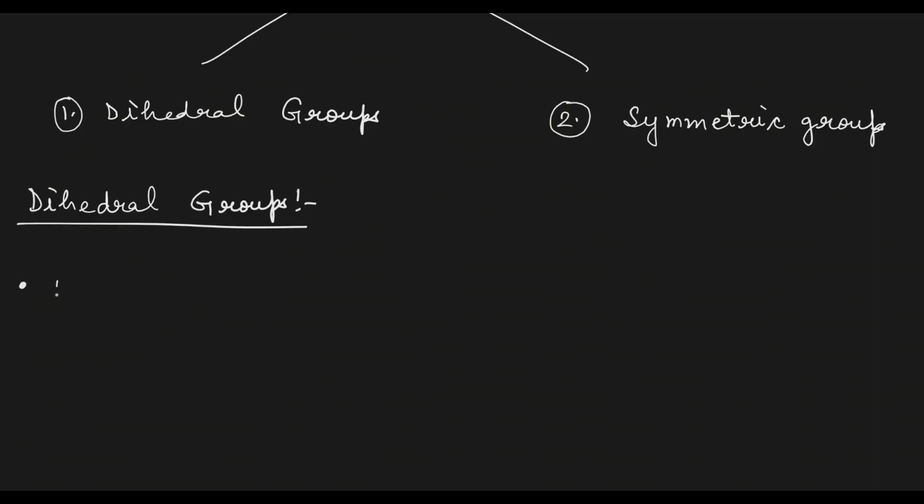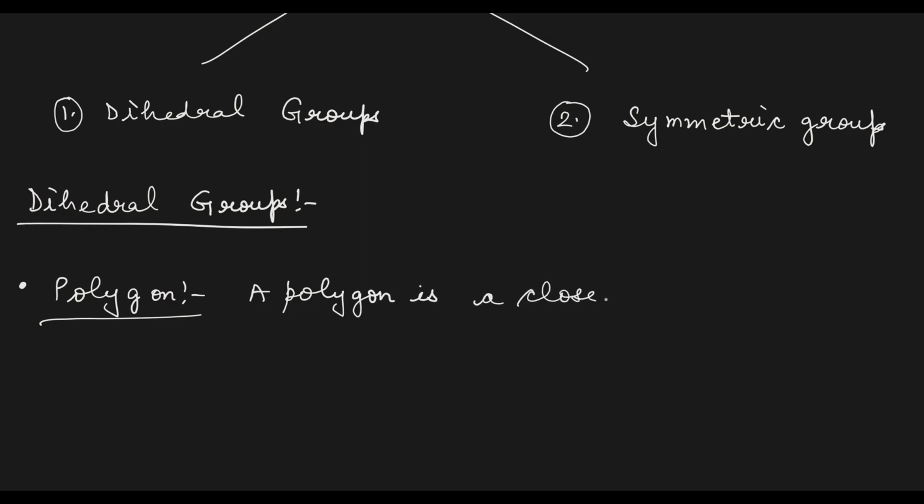So what do you understand by a polygon? A polygon is a closed plane figure made by line segments, that is made up of a finite number of straight line segments.